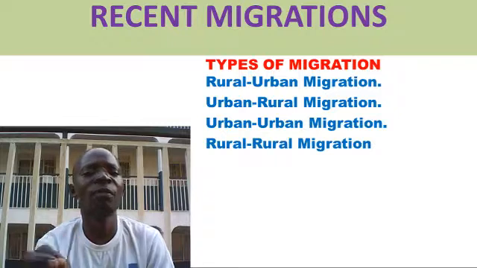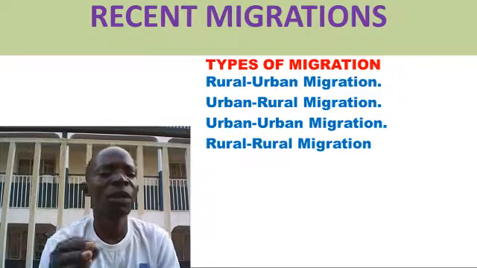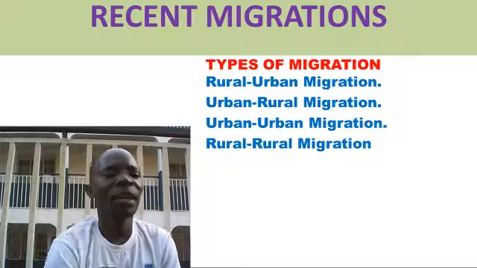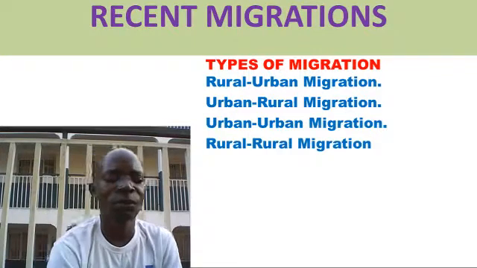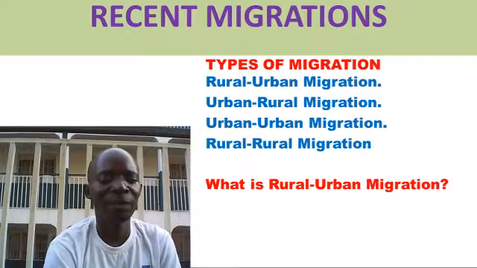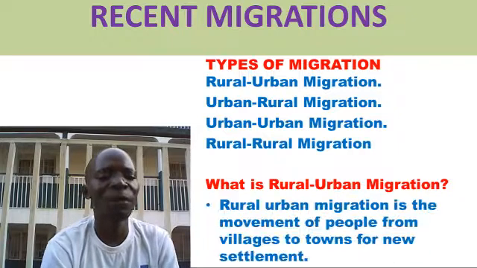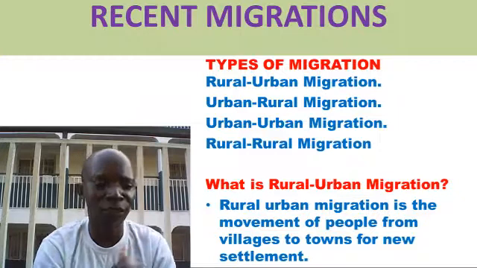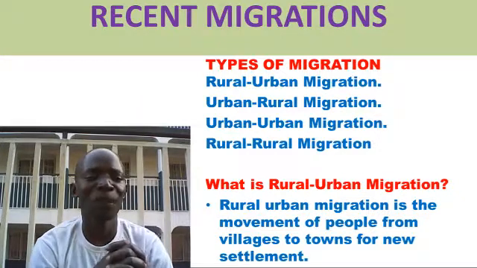We have rural-urban migration, urban-rural migration, urban migration, and rural migration. I am moving at high speed because I know you studied this in P4. So what do you understand by rural-urban migration?